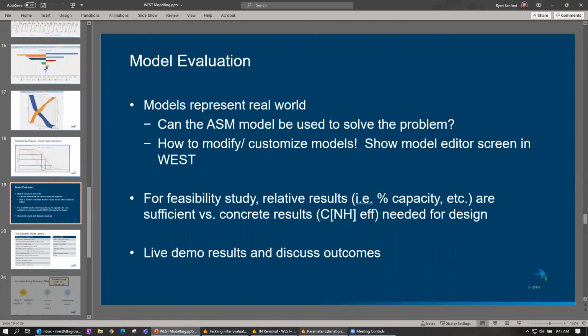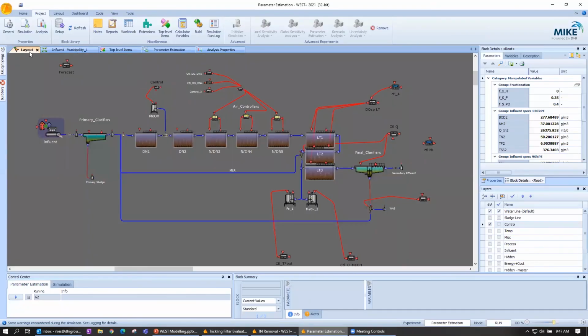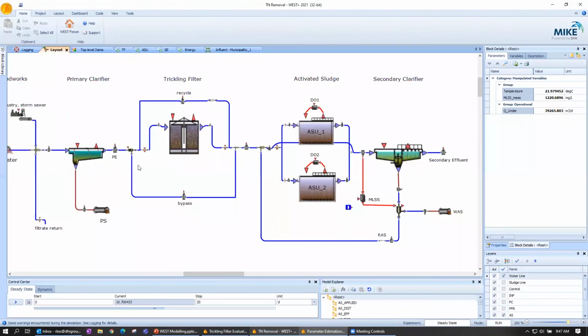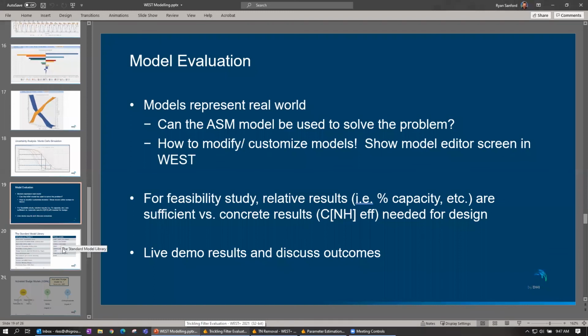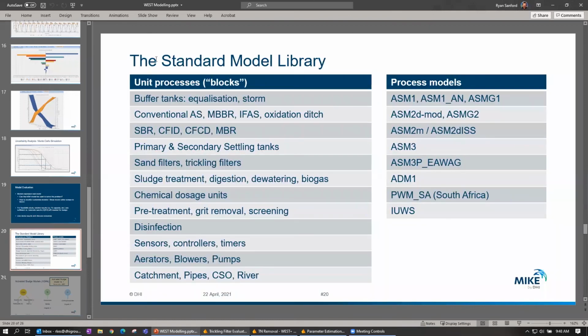Usually I'm working with these kinds of plants: activated sludge systems, trickling filters, primary clarifier, secondary clarifier. They're not crazy pieces of technology or membrane systems, stuff like that. But sometimes you see a plant or a process, maybe it's not even wastewater related, or maybe it's not municipal wastewater, but it doesn't conform to the standard models that come with the standard model libraries.